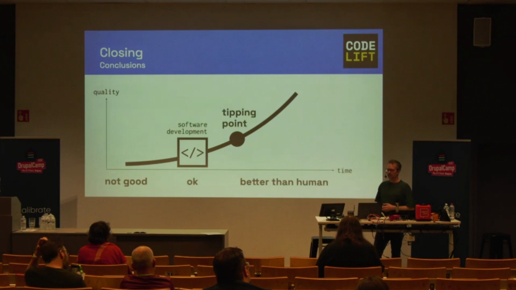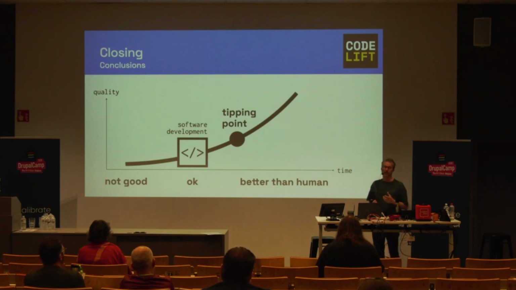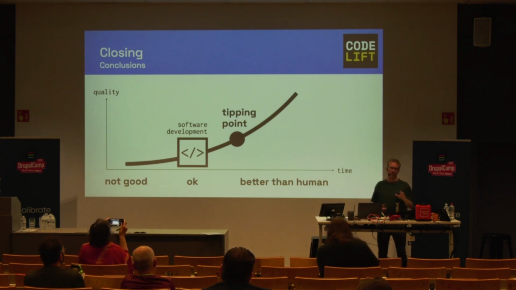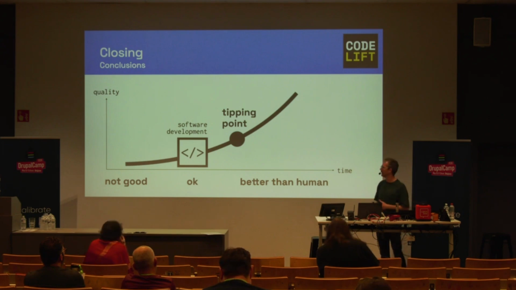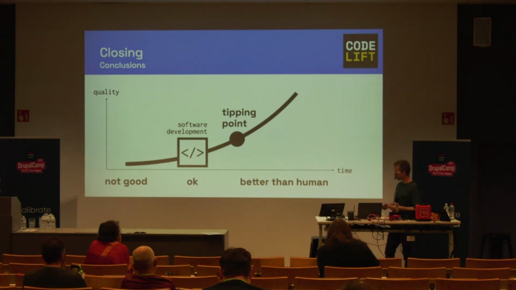So, in my opinion, we should all expect that what happened with image generation will also happen with software development, so that in rather a short time, months or years, these systems will evolve and become really a lot better.